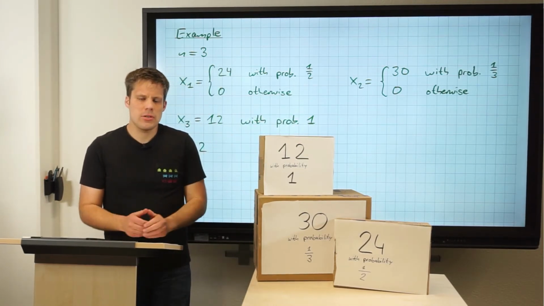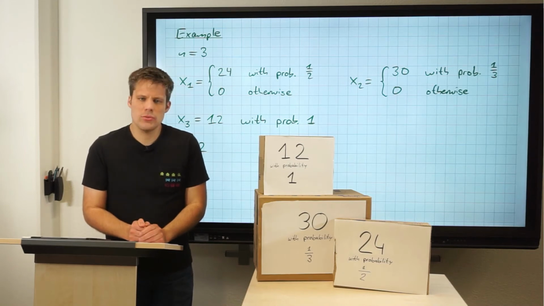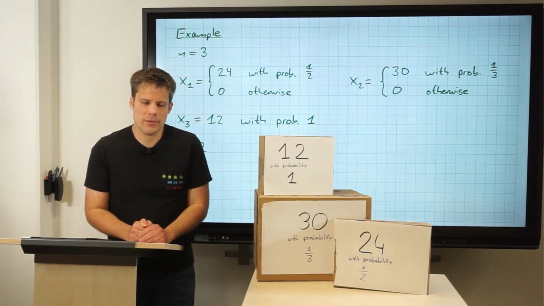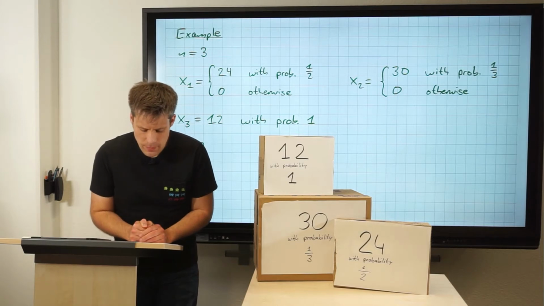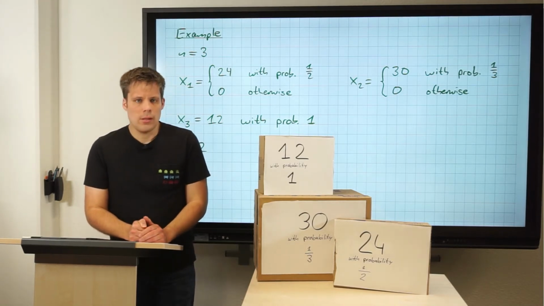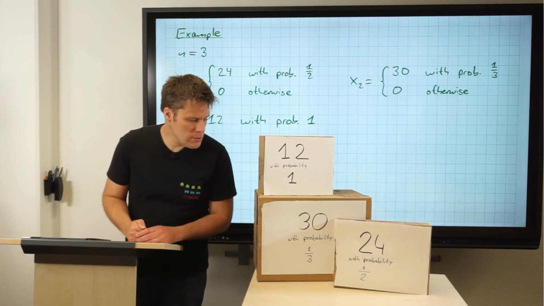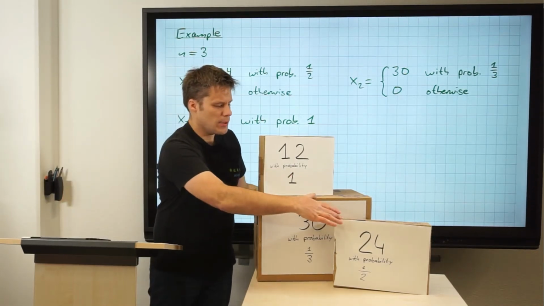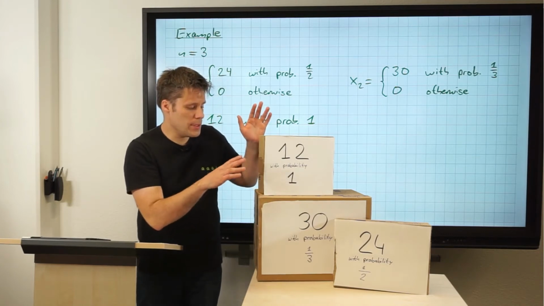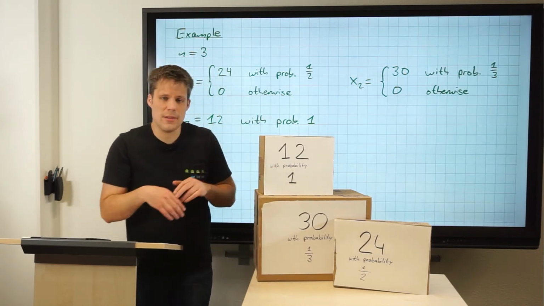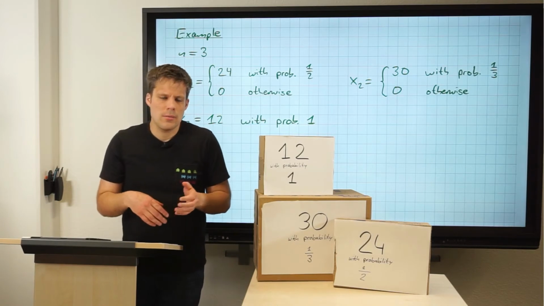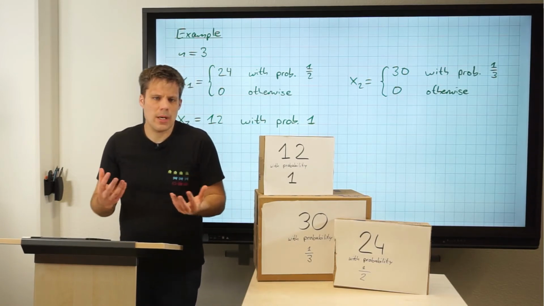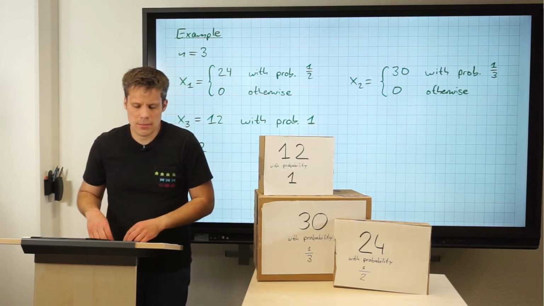And you're allowed to open 2 of these 3 boxes. What do you do? Well, you might say, okay, I open the first and the second box, or I open the second and the third, or the first and the third. What's the best way of opening the boxes? Let's see this.